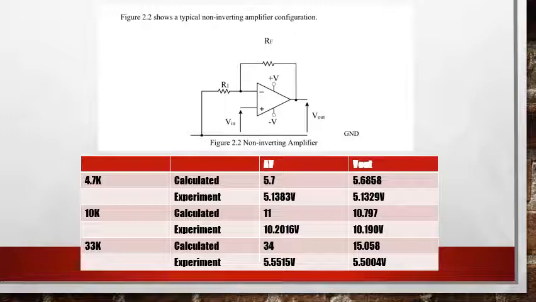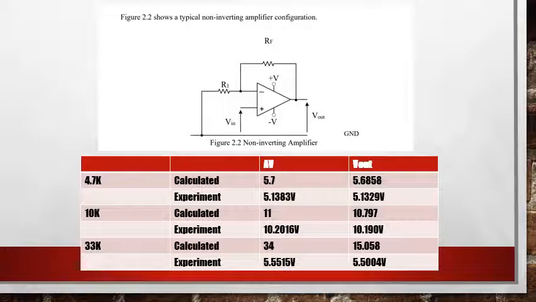So notice that if you compare this circuit with the inverting amplifier circuit, the feedback resistor was still between pins 6 and 2. So that hasn't changed. Now let's not forget to put the supply voltage, positive V and negative V, for pins 4 and 7.